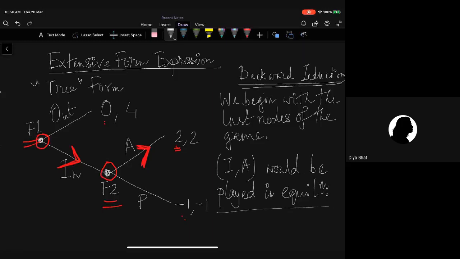This we get to know by applying the logic of backward induction on the extensive form expression of the game.